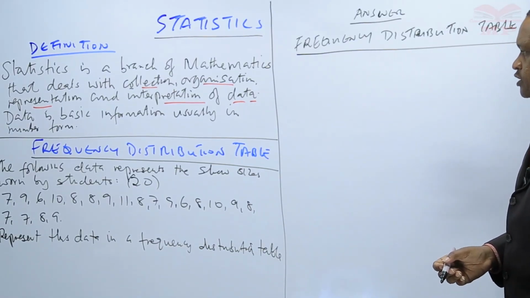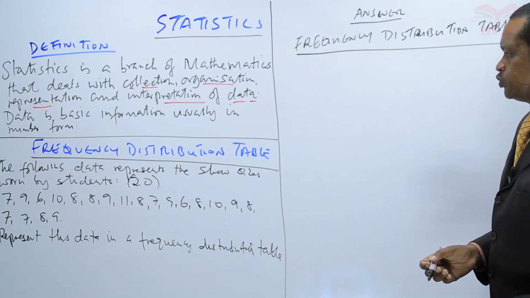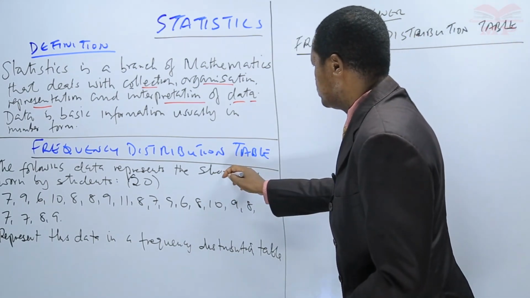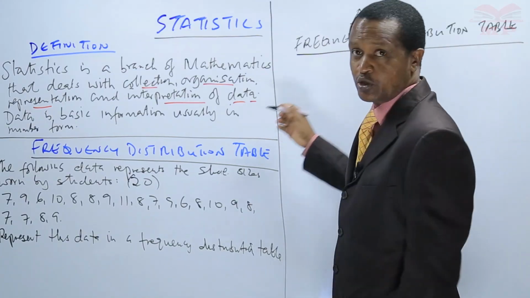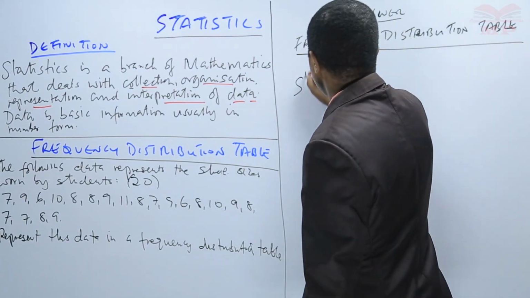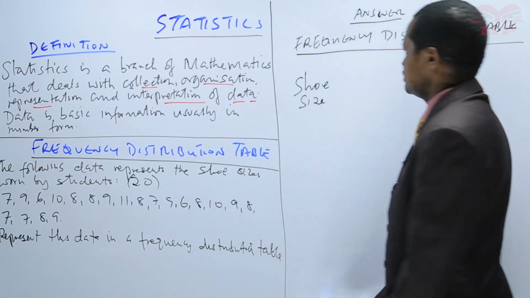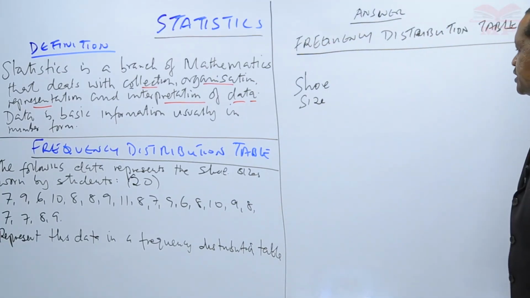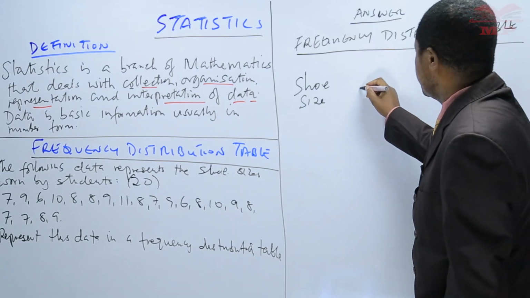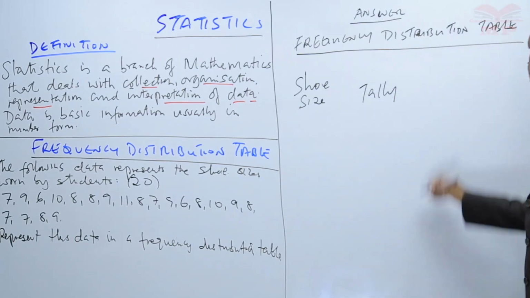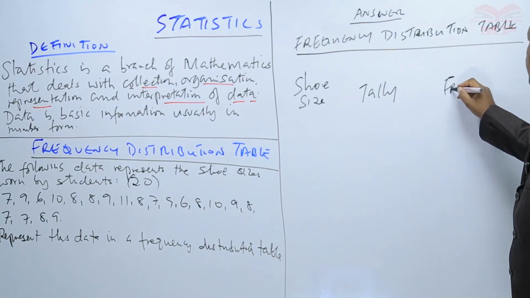The data represent the shoe sizes. So the first column will have shoe size, then the next column will have the tally, then last we will have the frequency.